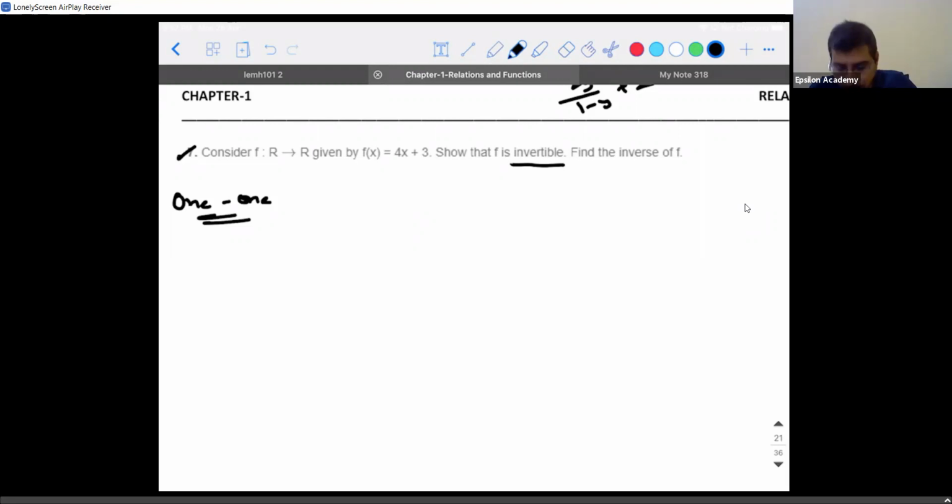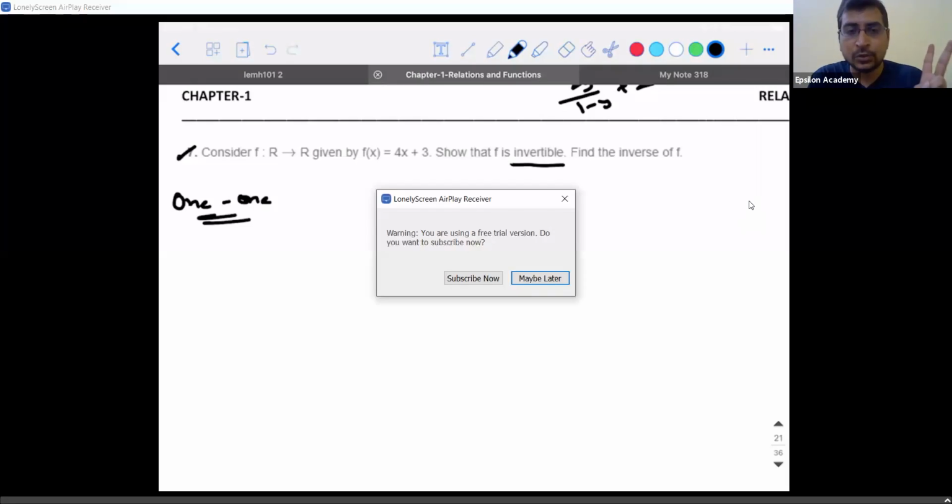I understand what your doubt is, Rainer. I understand where you're getting confused. Let me explain this. Listen carefully. There are two things that we are asked in the question. Once they give you a function, they'll ask you to prove it is invertible. If you have to prove it is invertible, you're trying to say it will have an inverse.